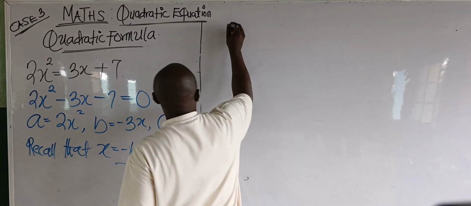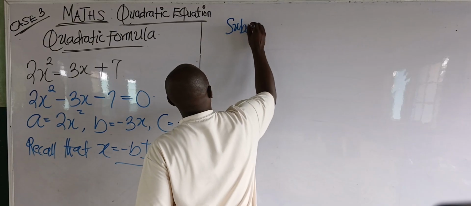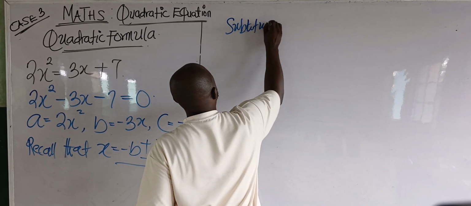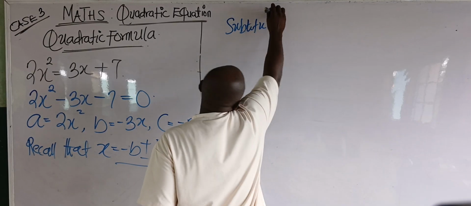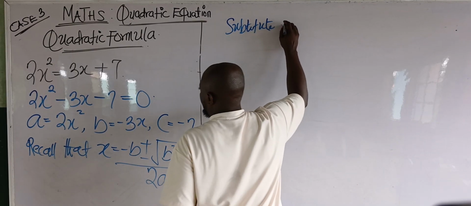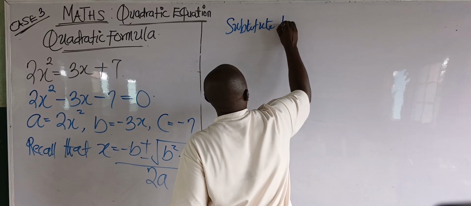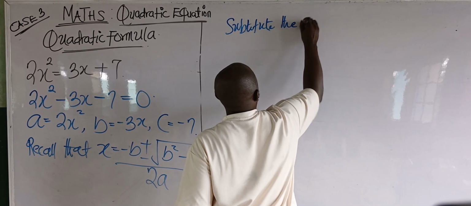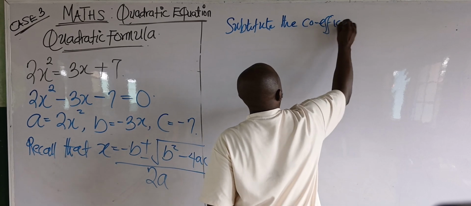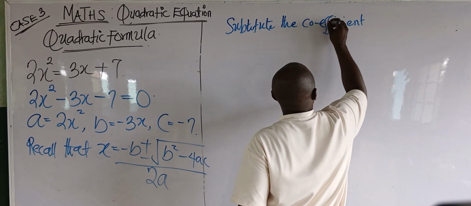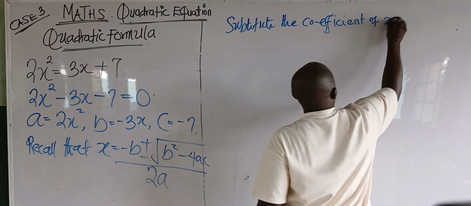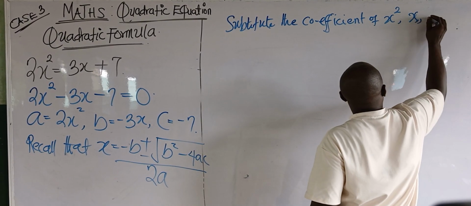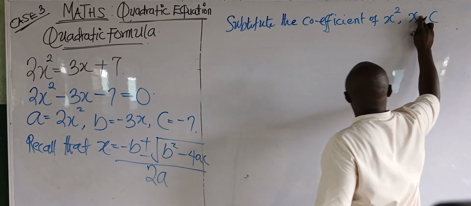So we substitute the coefficients of x squared, x, and the constant.